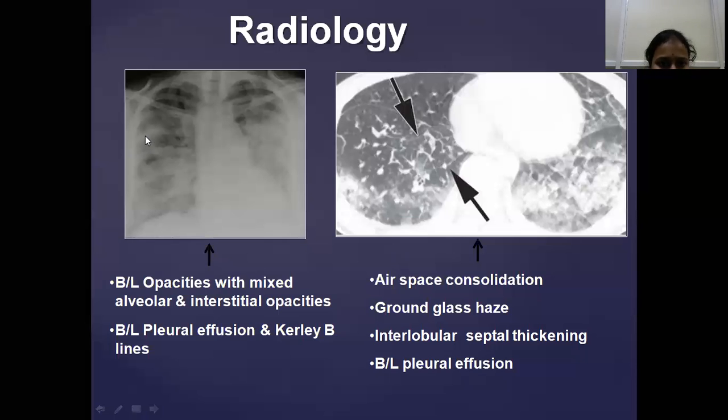These are interstitial edema lines. And CT shows airspace consolidation, peripheral involvement, interlobular septal thickening, ground glass haziness. Pleural effusions are not visible.